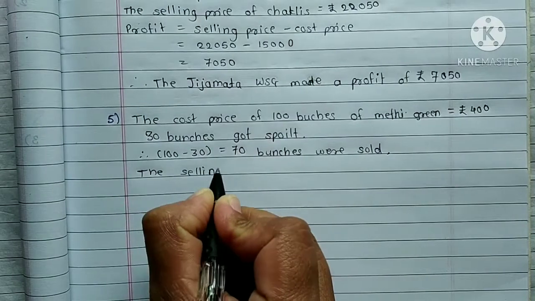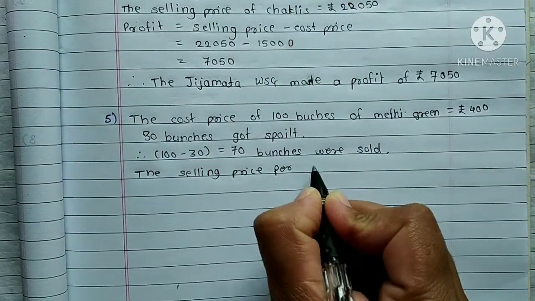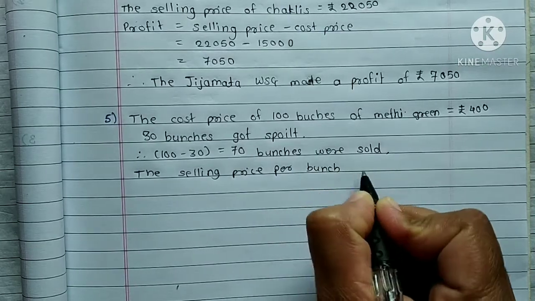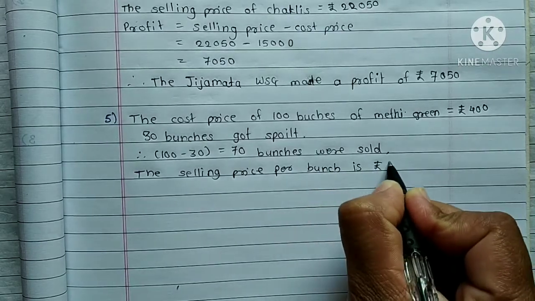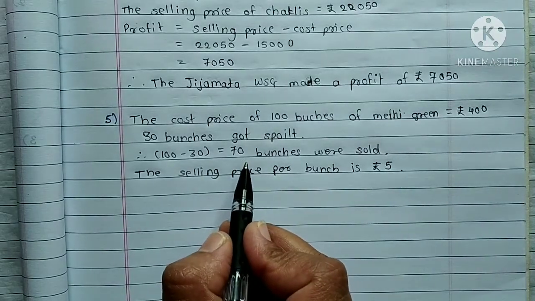That means the selling price per bunch is rupees 5, and he sold 70 bunches.